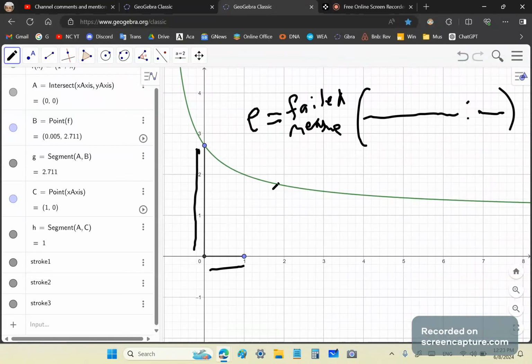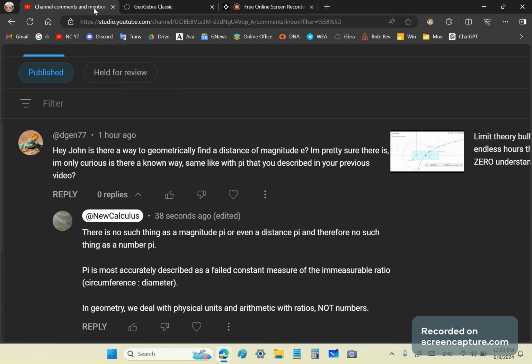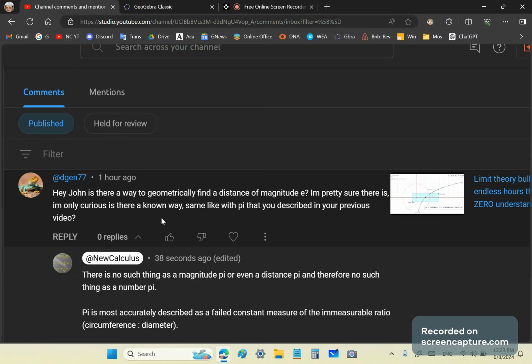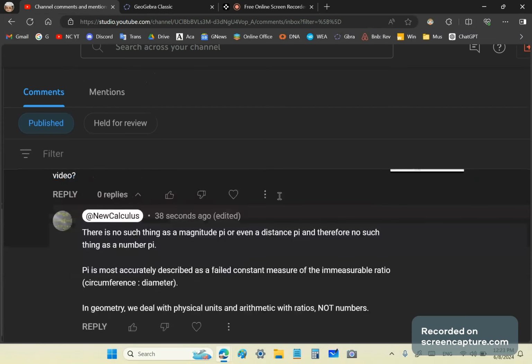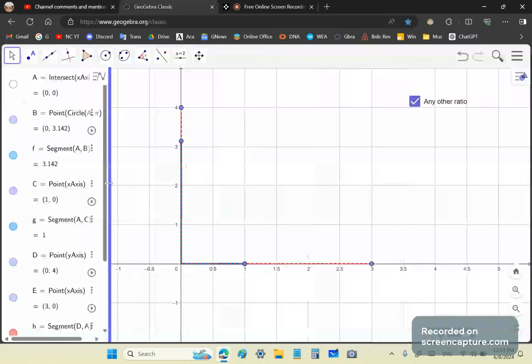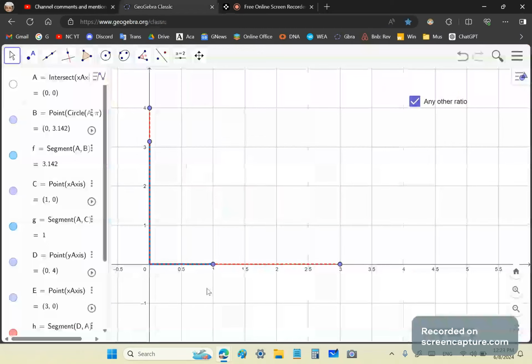Now, let's talk a little bit about magnitudes in geometry, because he also asked if you can describe the magnitude pi, or if there is a way to deal with pi. Yes, we normally think of pi as the failed measure that is realized from the ratio of circle circumference to circle diameter. But now in geometry, all arithmetic is 100% accurate, and it's independent of an abstract unit.